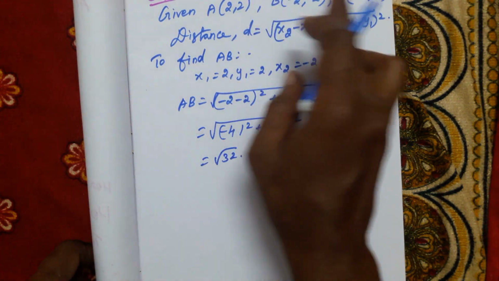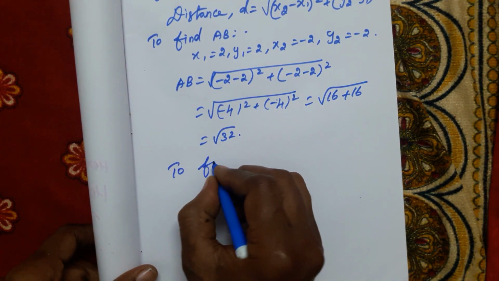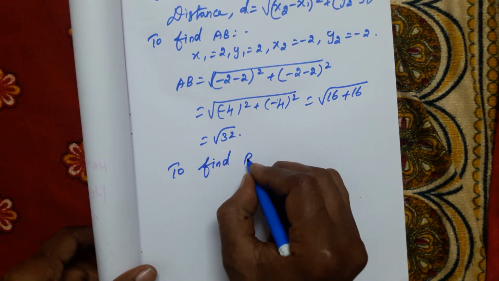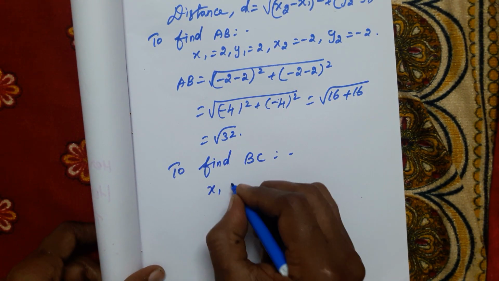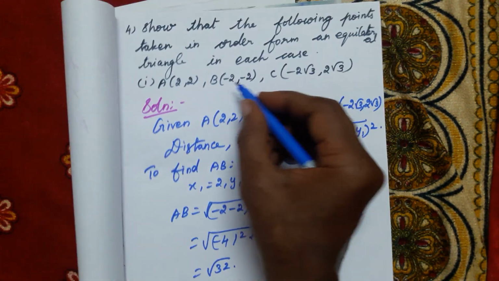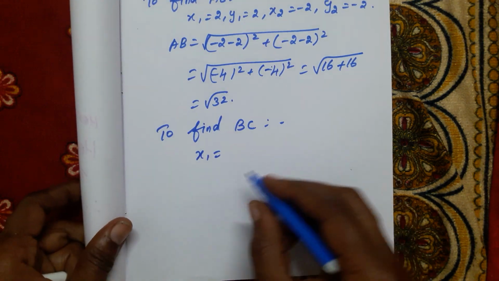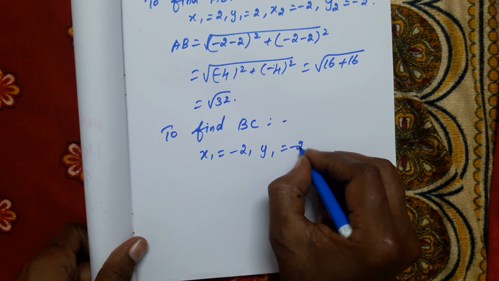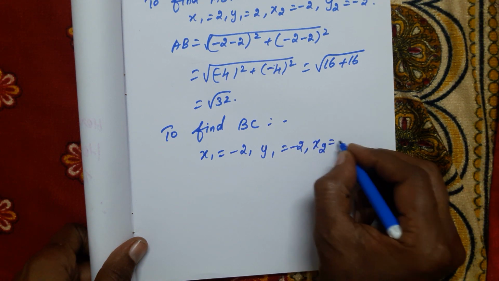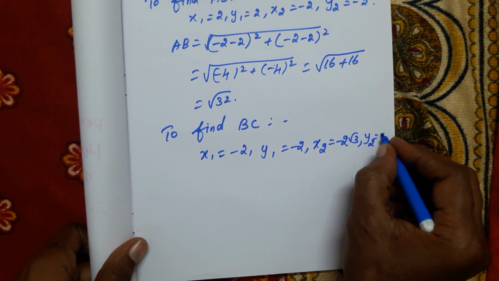Then we want to find out the side BC. x1 is equal to minus 2. B side is x1, y1. This is x2, y2. y1 is equal to minus 2. x2 is equal to minus 2 root 3. y2 is equal to 2 root 3.